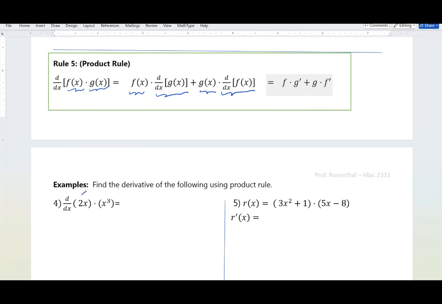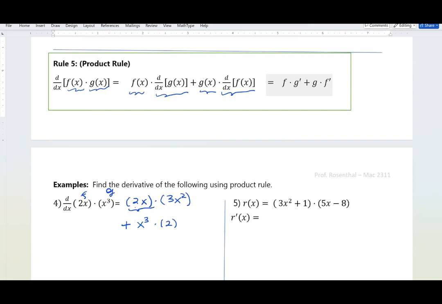So if this is my f and this is my g, using the product rule of derivatives, I take the first one as it is, times the derivative of the second one, which is 3x squared, plus the second quantity as it is, times the derivative of the first, which is 2.